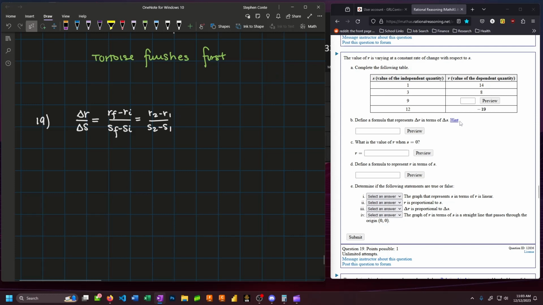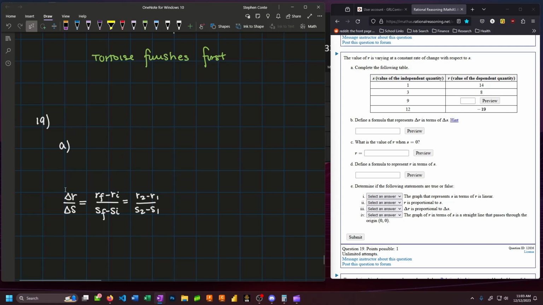Let's look at this hint real fast. I just want to see what kind of output they're looking for. Enter delta x into the answer box to represent delta x. Okay, I believe that's what they're looking for in part B, sorry, we actually have to answer part A first, which we didn't do. So this is A. This will be B.